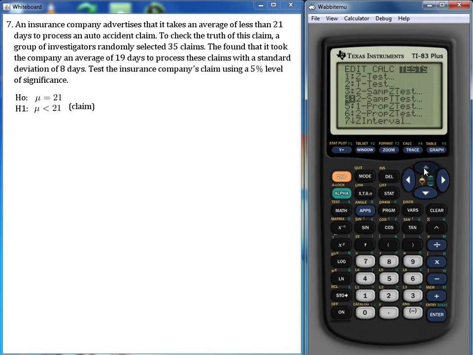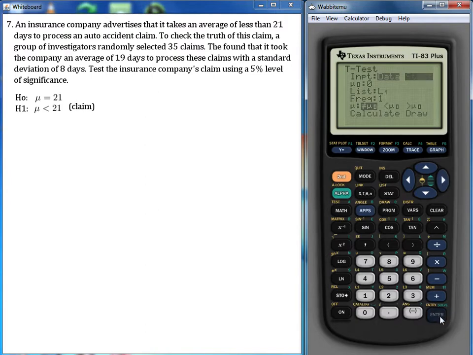To decide here, I'm testing a mean, so that rules out the proportions test altogether. We're doing a t-test then, and it comes down to, am I working on 2 samples or just 1 sample? Well, in fact, it's just 1 sample. I have 1 sample of 35 claims, and I'm not comparing that to a different sample, so the t-test is what I'm using.